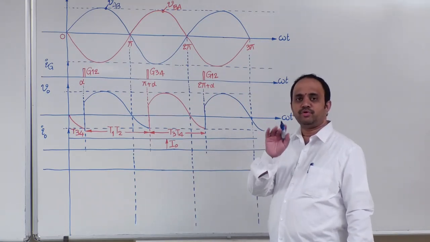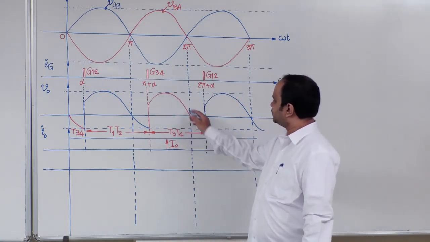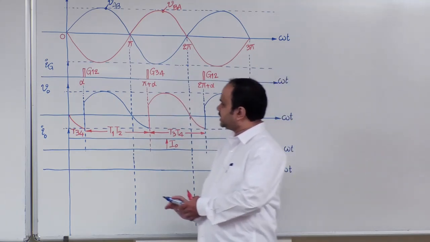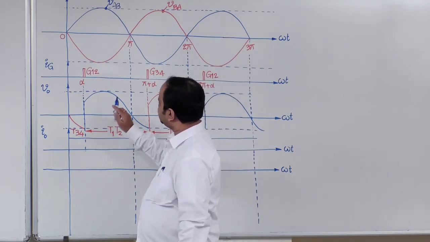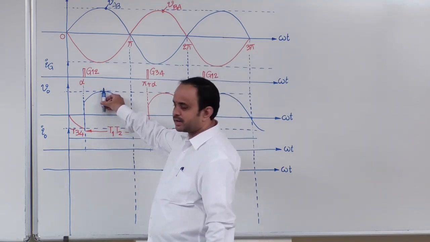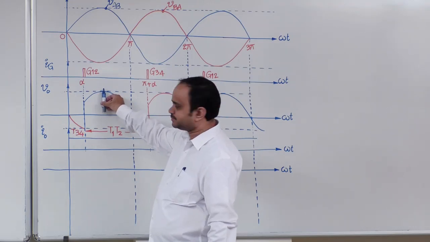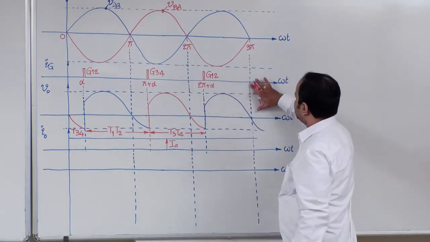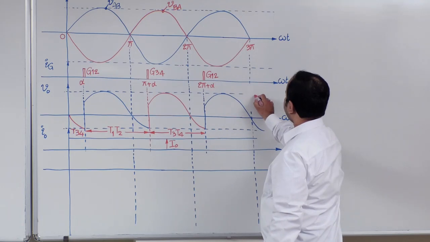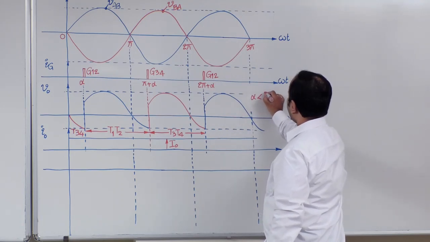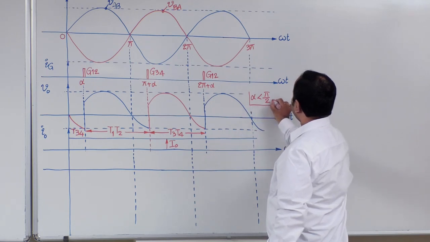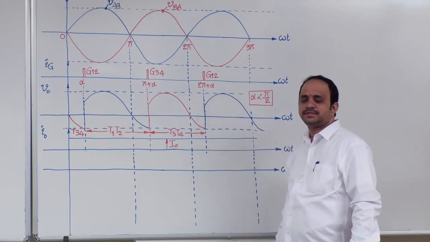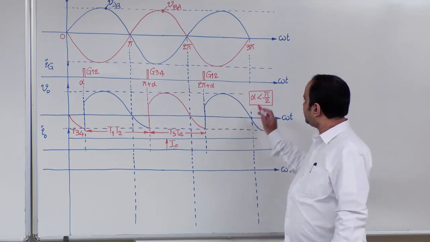Now there is one more condition. Observe carefully here, the output voltage waveform we have already plotted. In this waveform I can notice that pi by 2 or 90 degree is at this position, right? Alpha is before that. Therefore, we can treat this V0 waveform as applicable for alpha less than pi by 2.